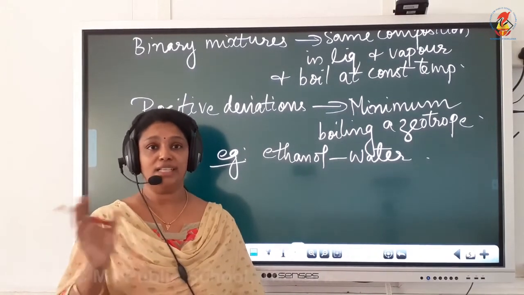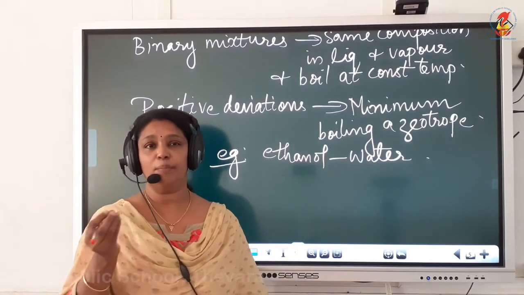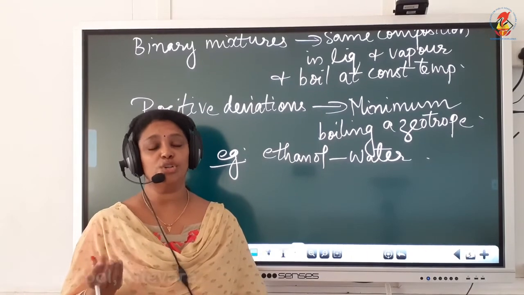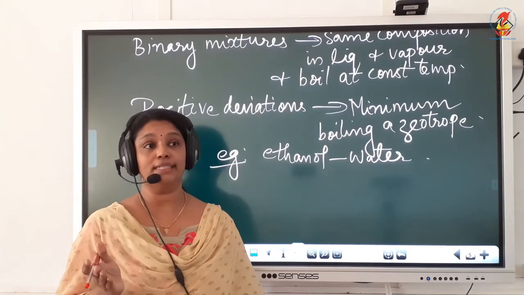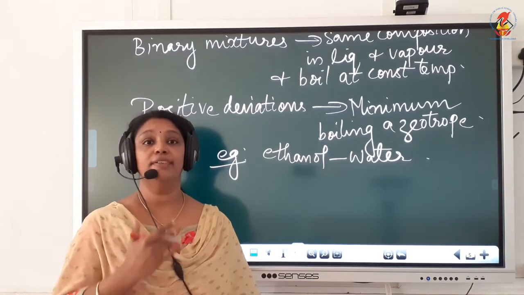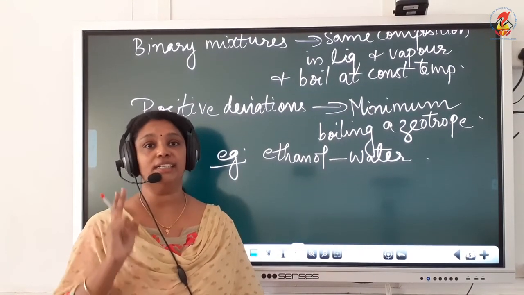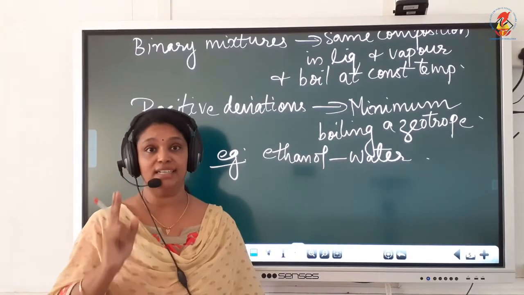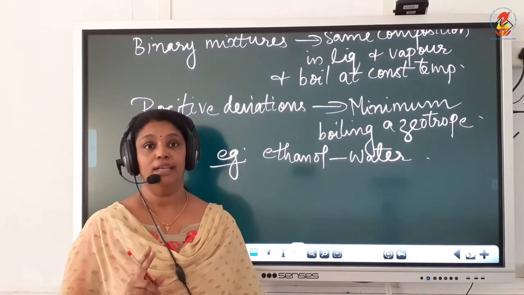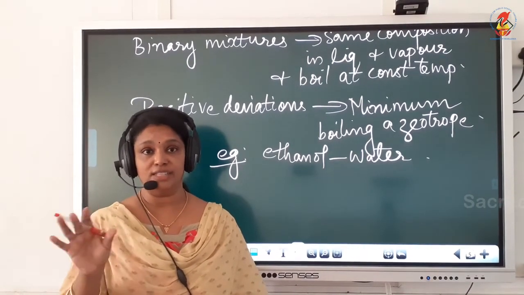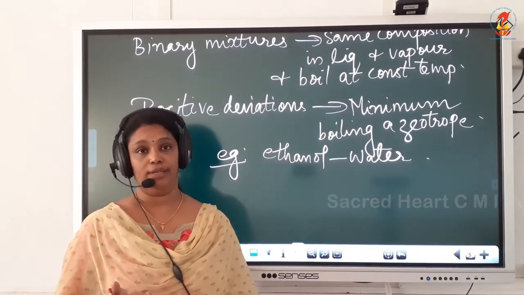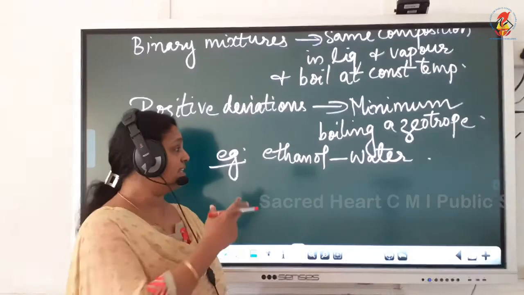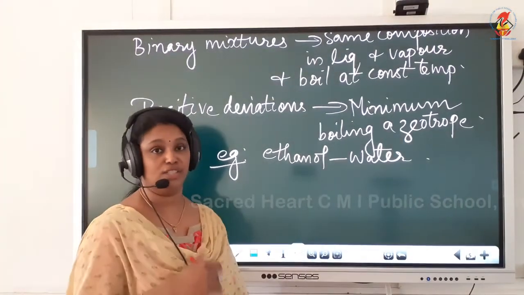But when we mix these two and boil, at some point we get an azeotropic composition. That means at that point this mixture will boil at a single temperature, and at this composition it is difficult to separate ethanol and water. So that is an example for minimum boiling azeotrope.